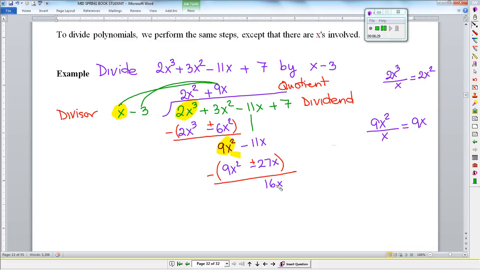Now you can move the next term down, which is plus 7. And you do exactly the same process again. You take 16x divided by x, which gives you 16. So put plus 16 in your quotient.